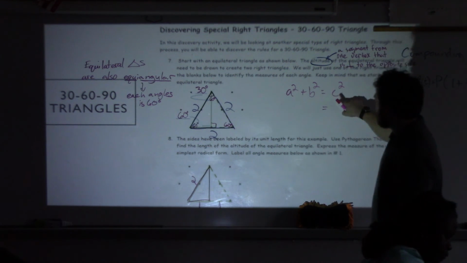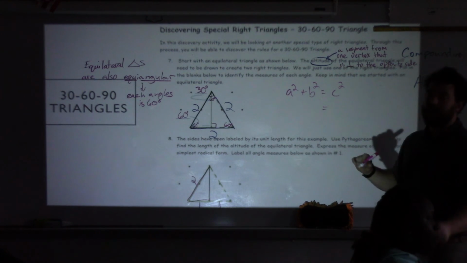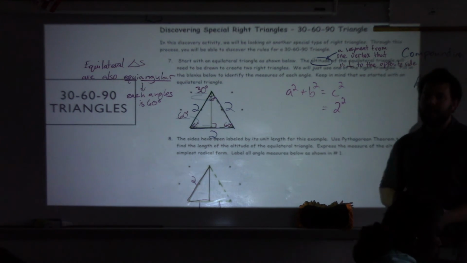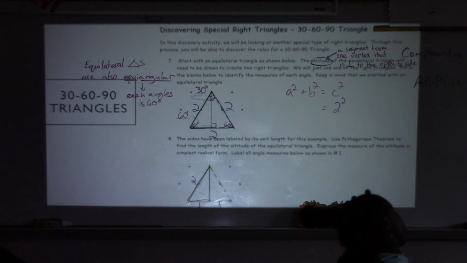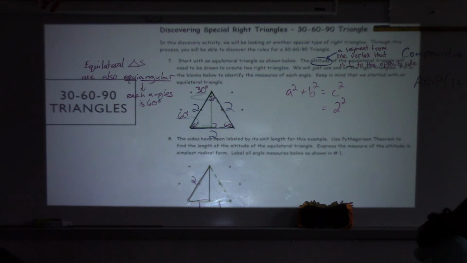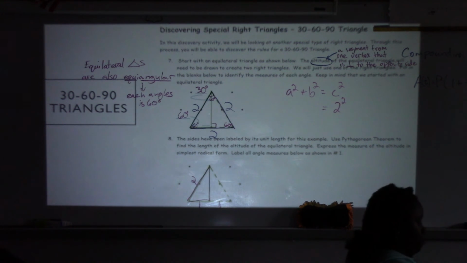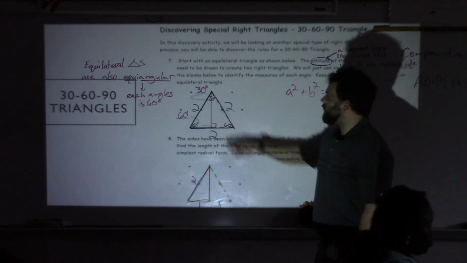So what is going to take the place of this C here? 2. 2 squared. Now, I want to ask this really quickly, because this is actually a thing to think about. Where did most of us substitute the 1 in? For A or for B? A. And that's fine. It leaves one side unknown, but I will remind you, what are we trying to calculate?